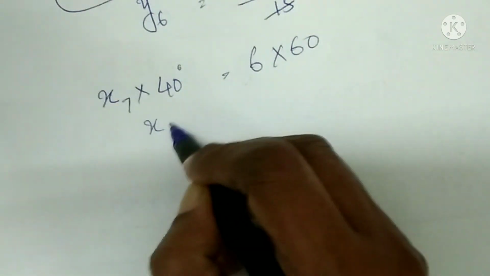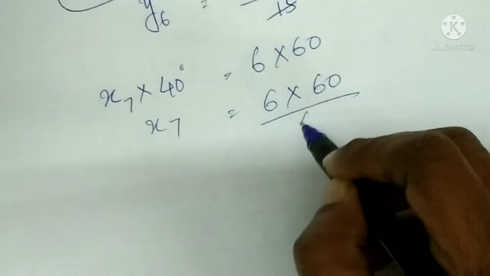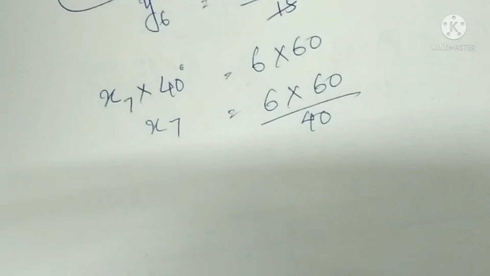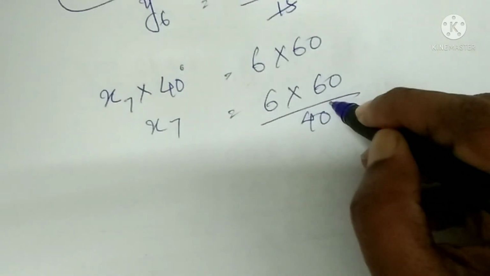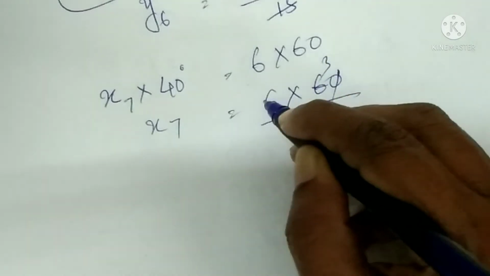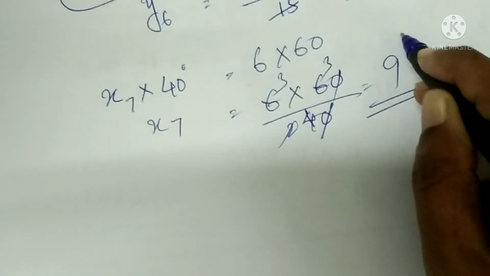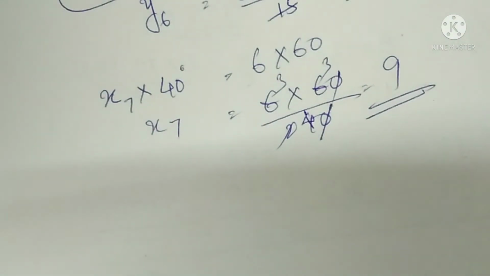So what is x7? 6 into 60 upon 40. Here 3, here also 3. That is 9 spokes.